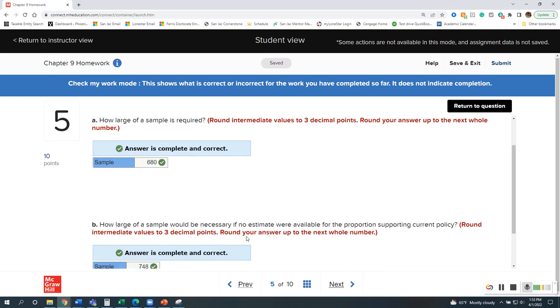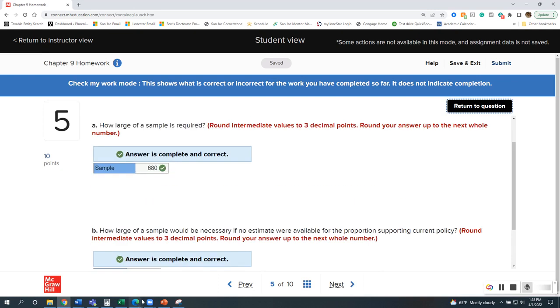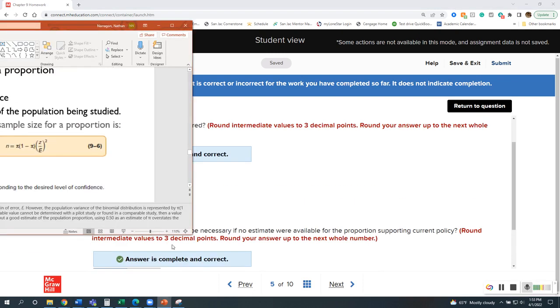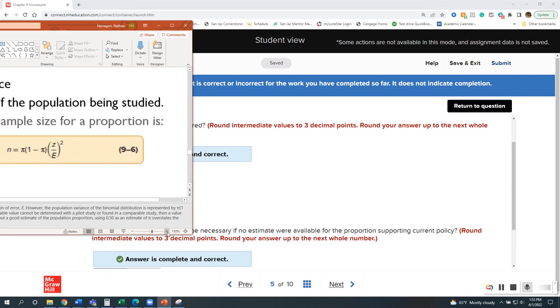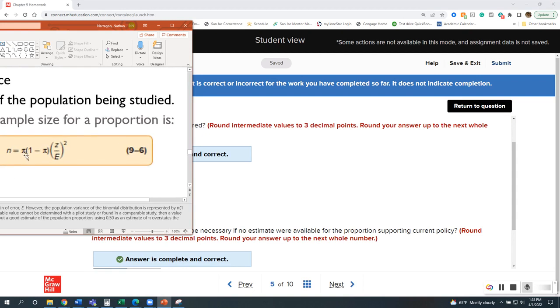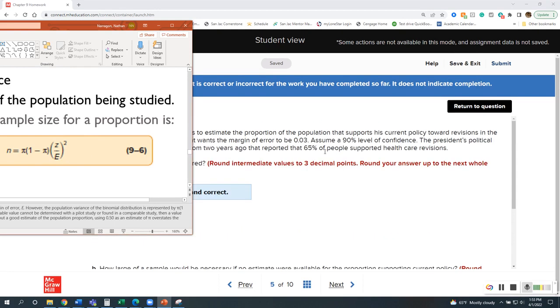It's the same formula. So again, formula right here. Let's make that bigger. Alright, so I took X in the first one, which was 65% because we knew the estimate. Multiply 1 minus 0.65, and then our Z value, which was 1.64, divided by our margin of error, 0.03, squared.